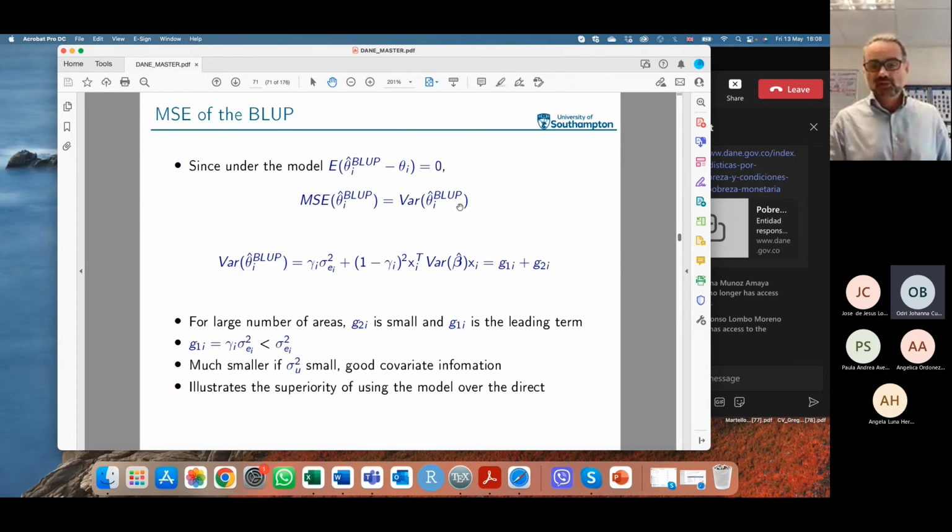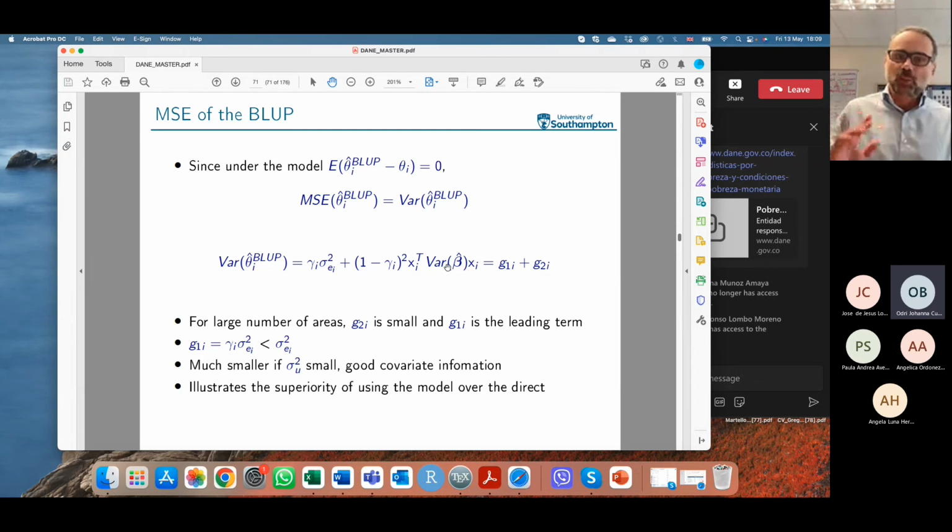The final thing that we presented is the mean squared error of the BLUP. Remember that the BLUP assumes that sigma squared u is known, so the variance of the BLUP will depend on the variance of the direct estimator and also on the variance of the estimated regression coefficients.